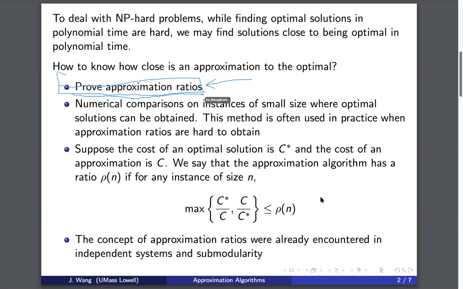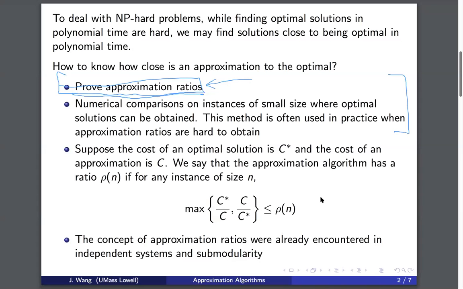So we need to make that clear. It is not always possible to come up with a proven approximation ratio. So I mentioned these two approaches. Then next we're going to see what it means by an approximation ratio.